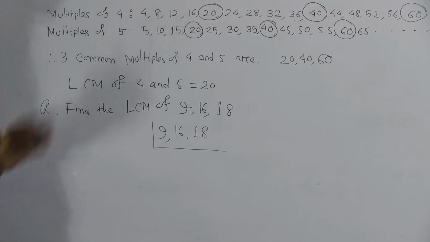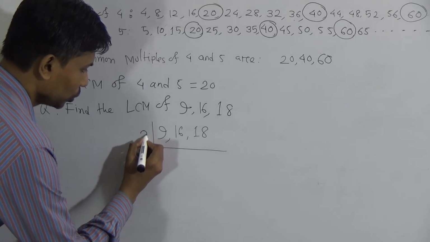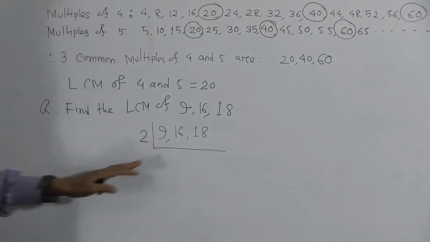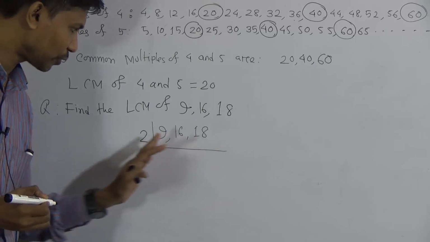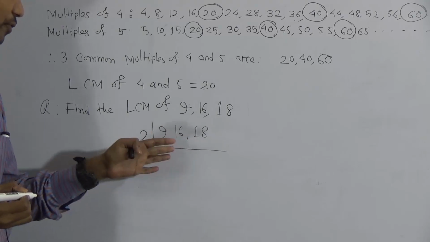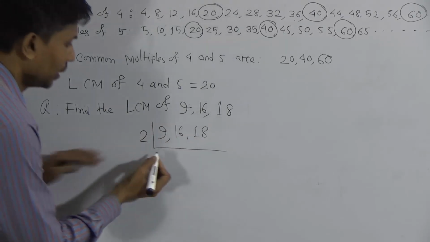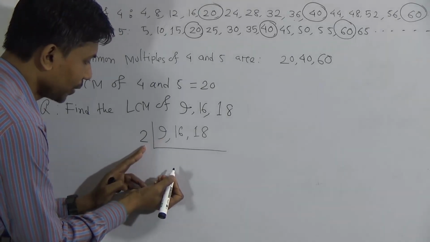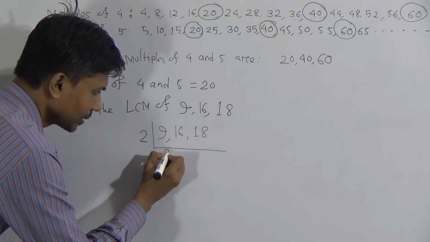That means if you select the prime number 2, then see here 16 is divisible by 2, similarly 18 is divisible by 2. Look, we cannot divide 9 by 2, that means this is not divisible, so 9 remains the same.